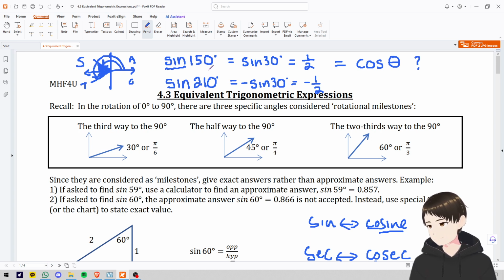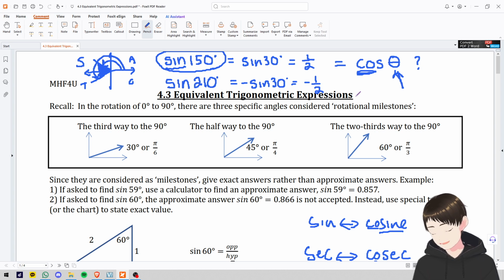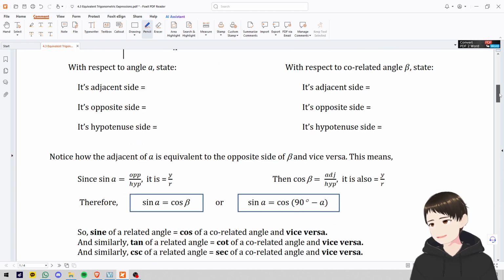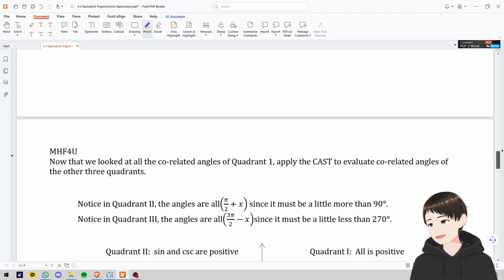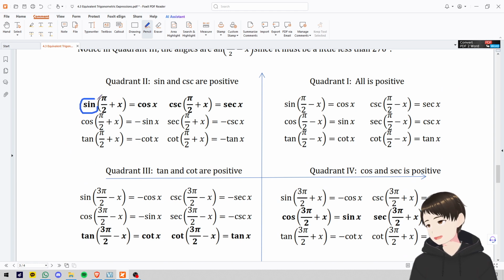Your goal is to take a look at an angle with a given ratio and turn it into its correlated ratio, which will inevitably change the angle you're dealing with. That's it. That's the end game. So even if you don't understand how to do it, understand what we're trying to do, and that is if I give you some ratio, you're going to write it as its correlated ratio.